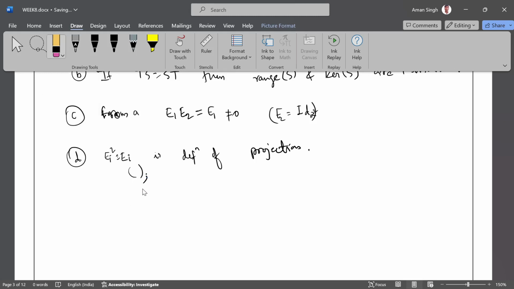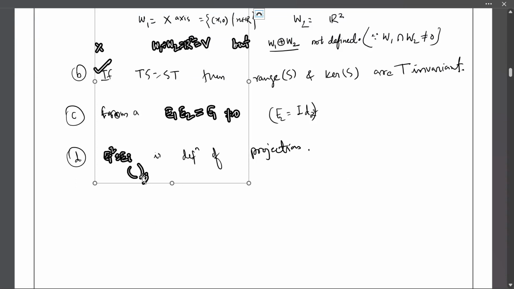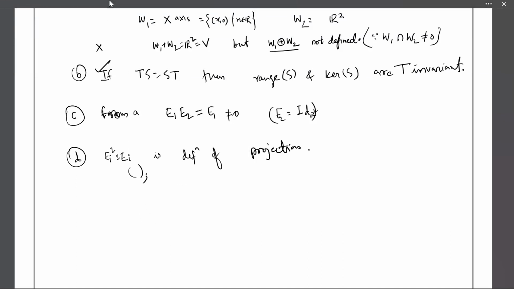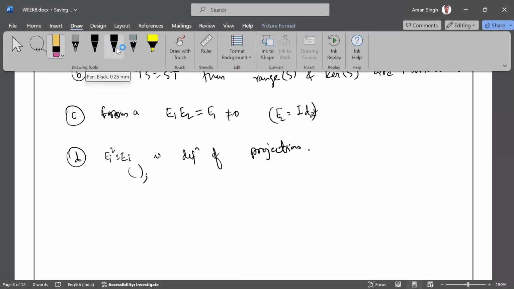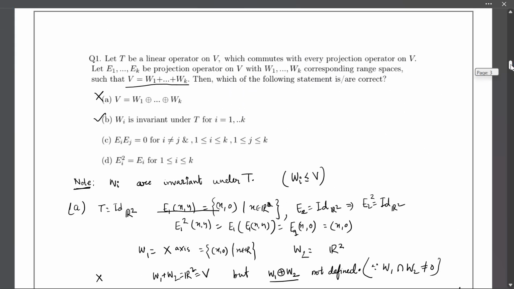My computer is not working properly, but let me see. Okay, let me go to the next page. Everyone understood this, right? This was a simple question.